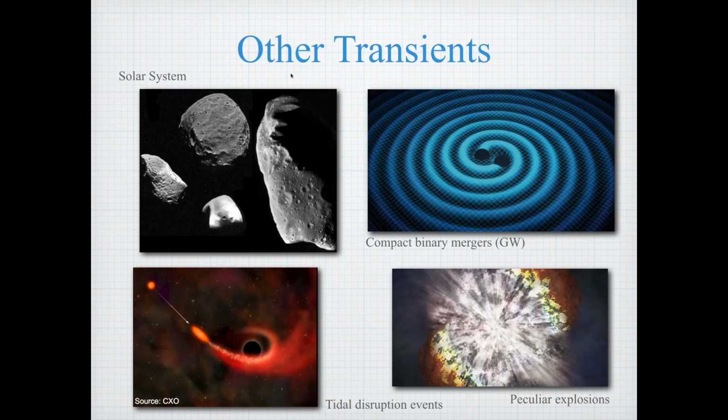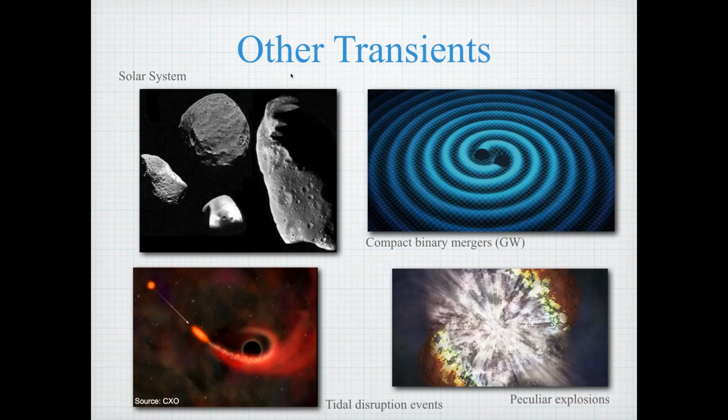We have been doing these other things shown in this picture. We have followed up gravitational wave detections from LIGO, and there are papers that we published on that. We are also finding tidal disruption events, which happen when a star comes close to a supermassive black hole at the center of a galaxy.